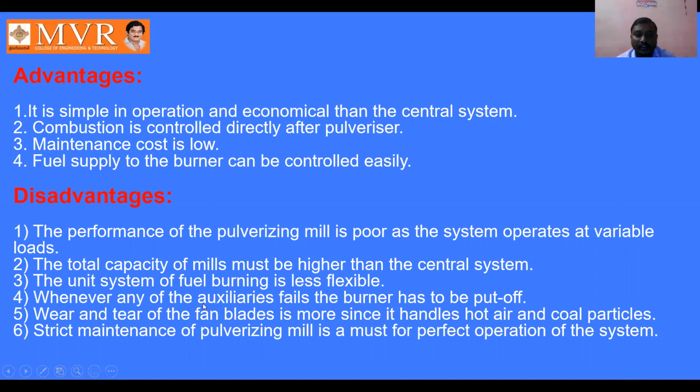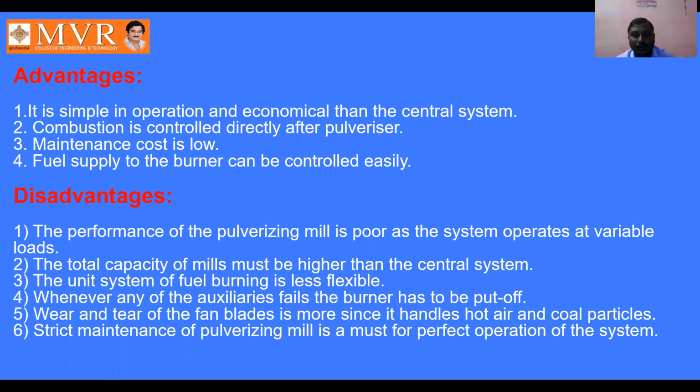Whenever any of the auxiliaries fail, the burner has to be put off. Means when some components or auxiliaries fail, we need to stop the burner also. Wear and tear of the fan blades is more since it handles hot air and coal particles.